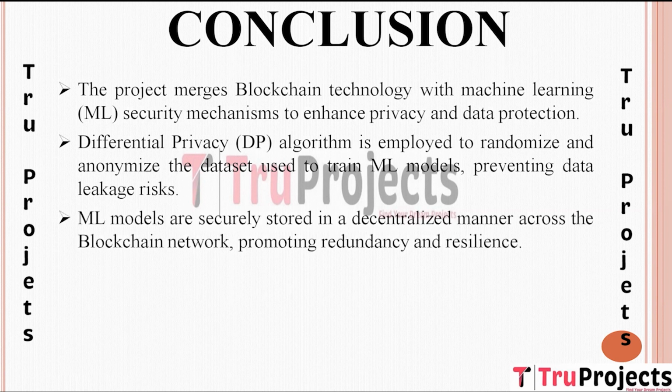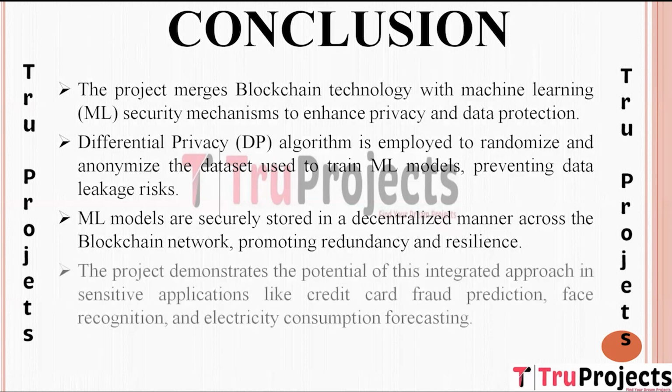Machine learning models are securely stored in a decentralized manner on the blockchain network. This decentralization promotes redundancy and resilience because each node in the network holds a copy of these models. This approach safeguards against data loss or system failures, ensuring that the models are readily accessible. The project serves as a practical demonstration of the effectiveness of combining blockchain and machine learning in sensitive applications.